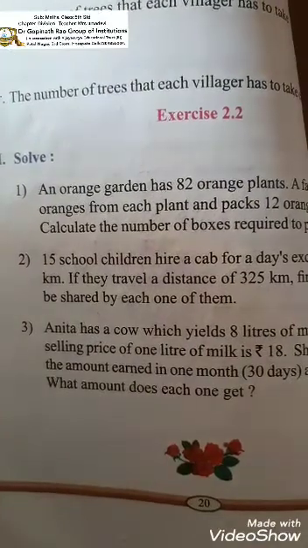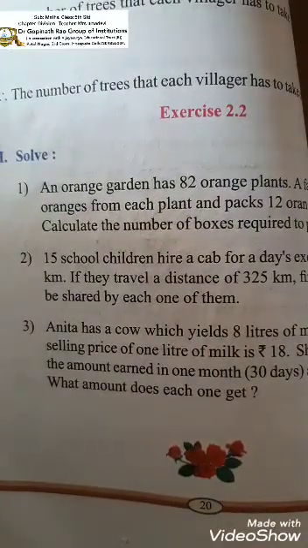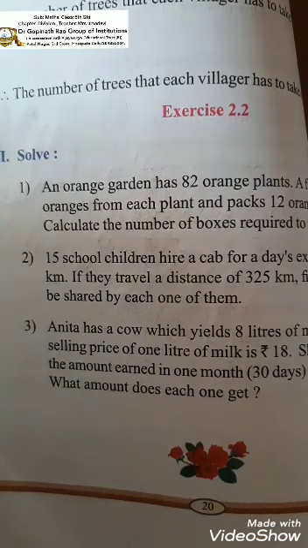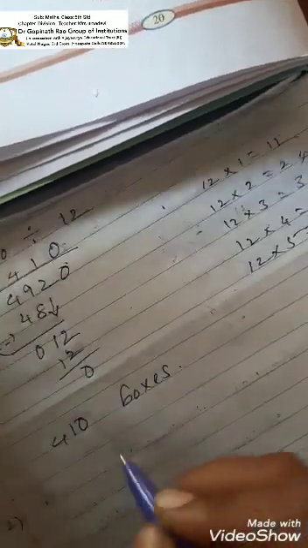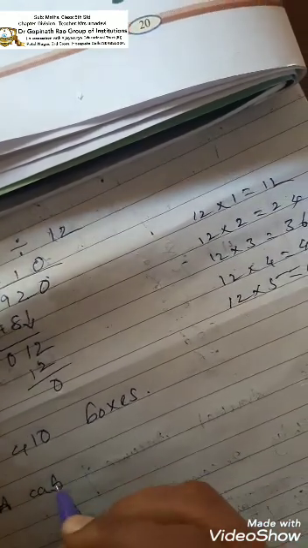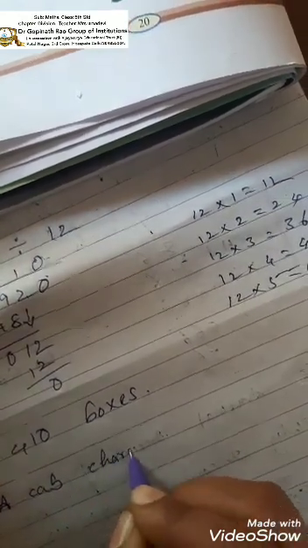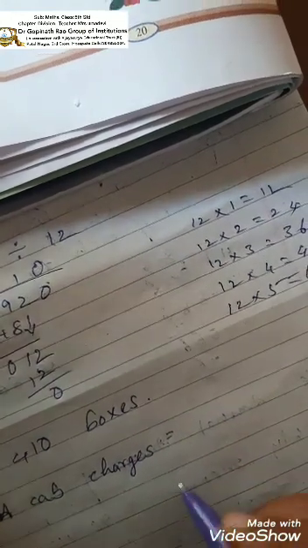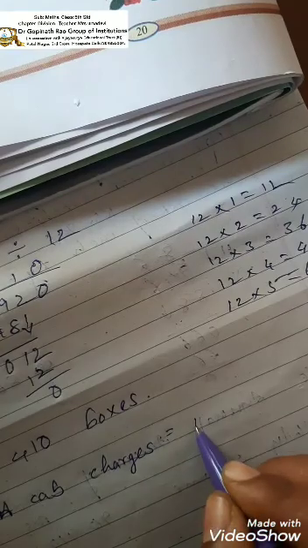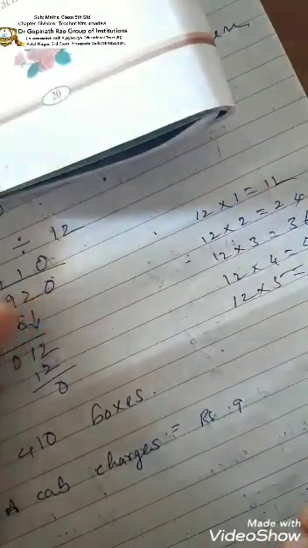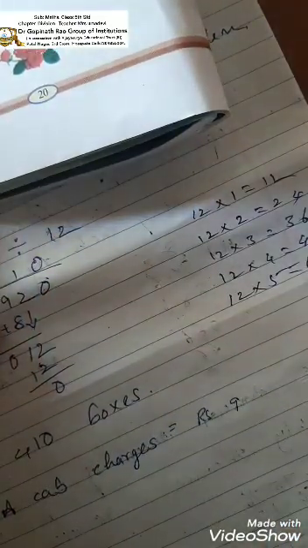Here the total number of children is 15 members. A cab charges 9 rupees per kilometer.